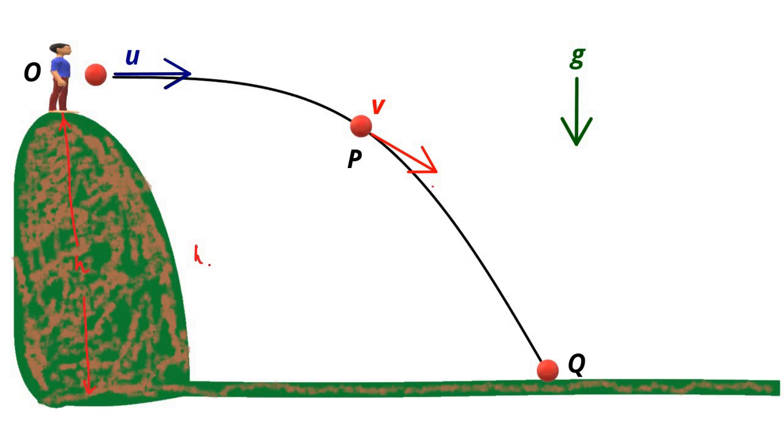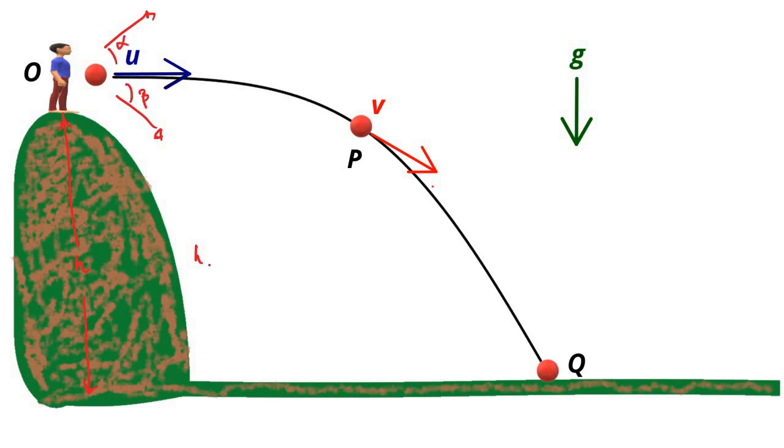Here horizontal projection means it is thrown horizontally with initial velocity u. Horizontally, not in an oblique or angular manner, not like this or not like this. It makes no angle with the horizontal direction.